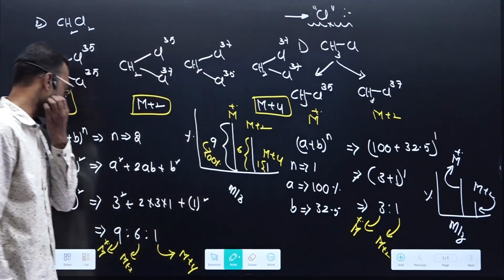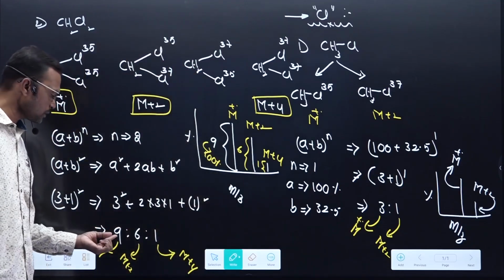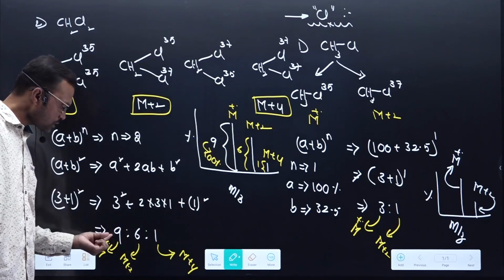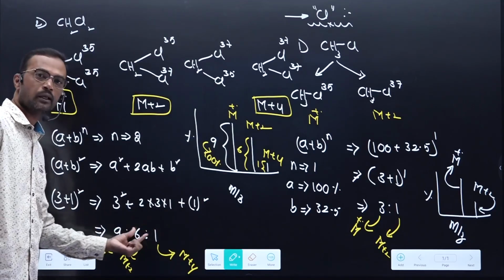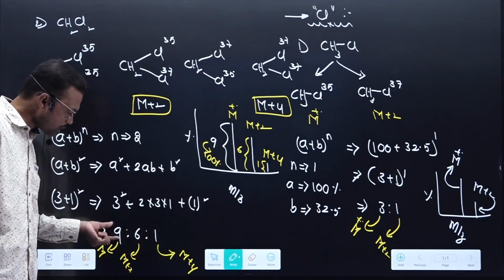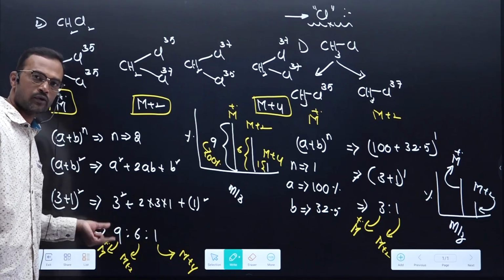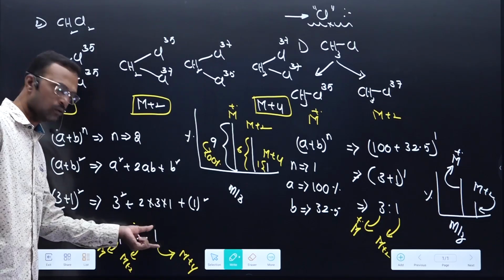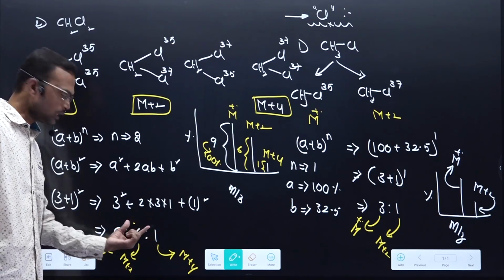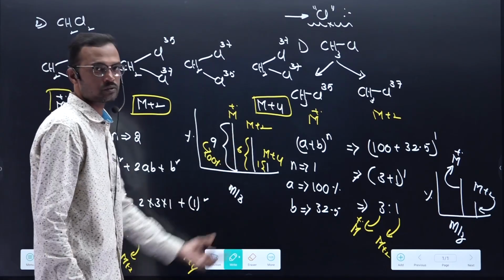9 is to 6 is to 1. Here 9 is assumed as 100%, and with relation to this, the other peak intensities are calculated. Every time the first number should be taken as 100. If 9 is 100, then 6 is a percentage of 9, and 1 is a percentage of 9; based on that percentage we are adding intensities.